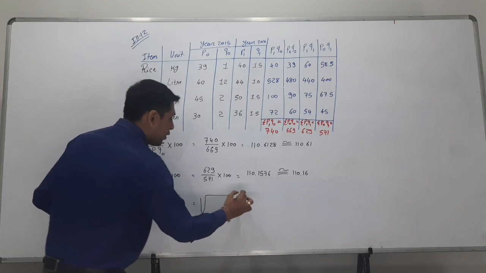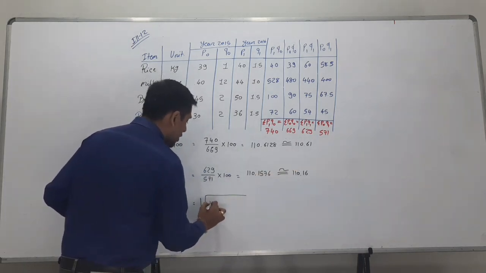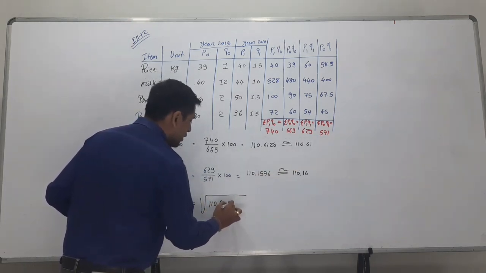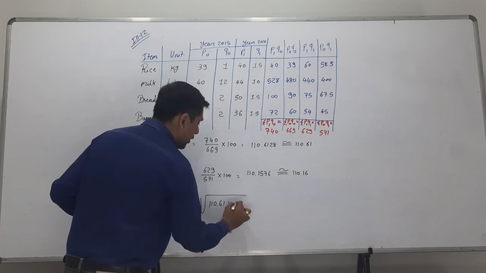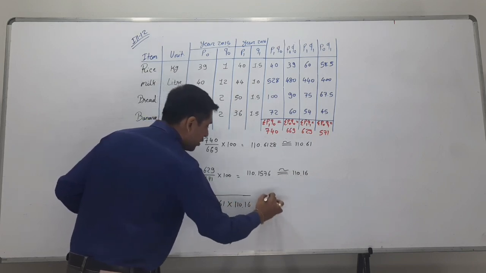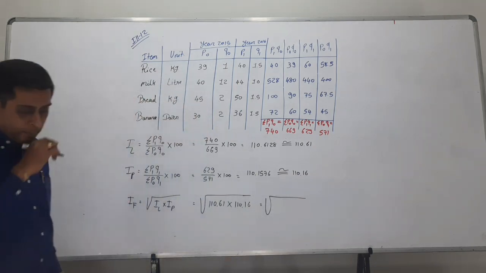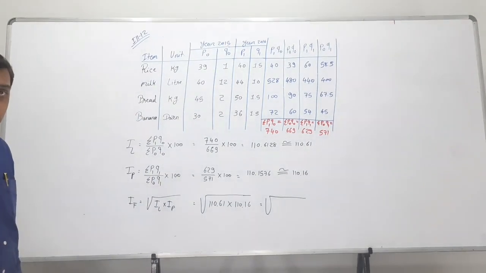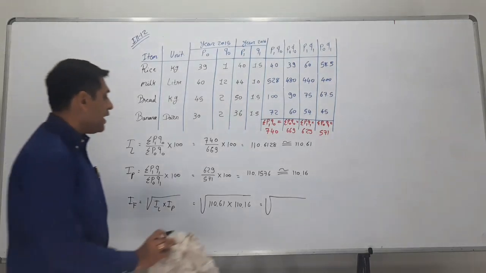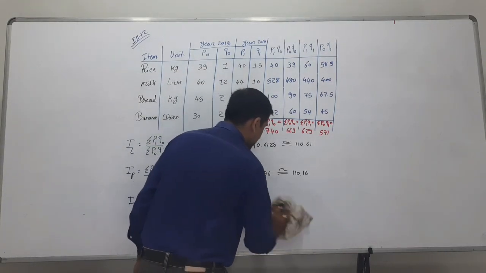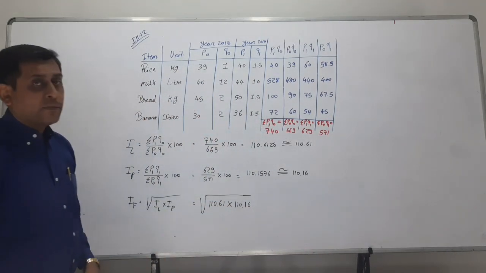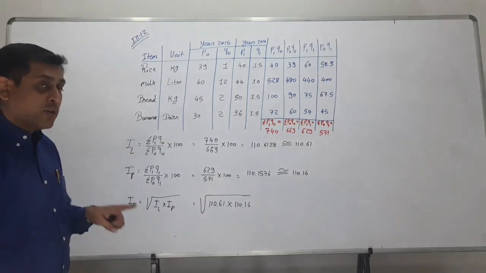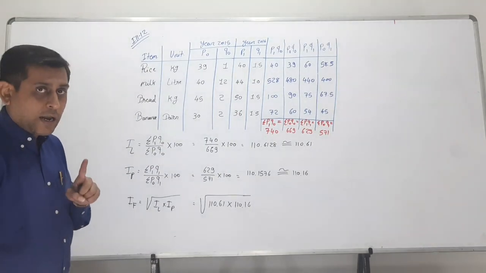So we are putting the values here: 110.61 into 110.16. First of all, you have to write the multiplication, and then you have to write the direct square root of that multiplication. First multiply in your calculator, then find the square root. And what is the answer?